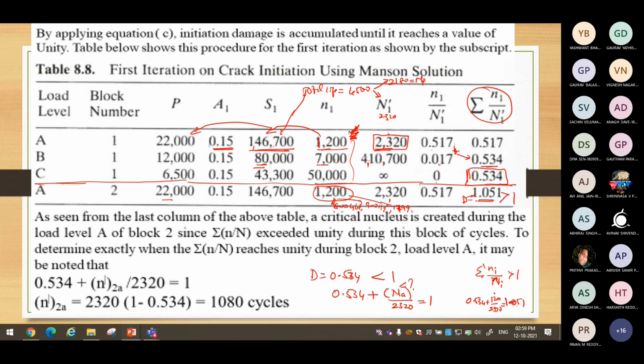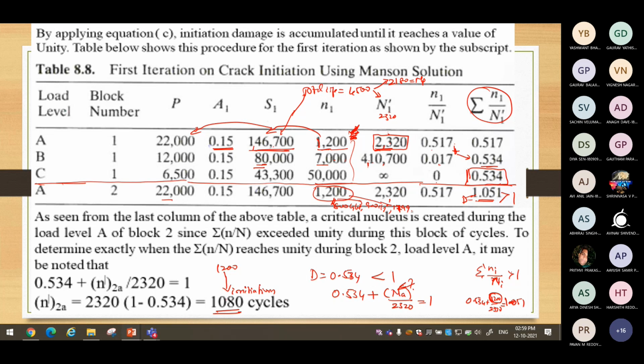We want to determine now, instead of 1,200, if you apply some lesser cycle, at what value you can achieve this damage to be 1, not greater than 1. That is why we have kept this as unknown. Solve this equation, determine. So now you are understanding that out of 1,200 cycles, this much is going for initiation.